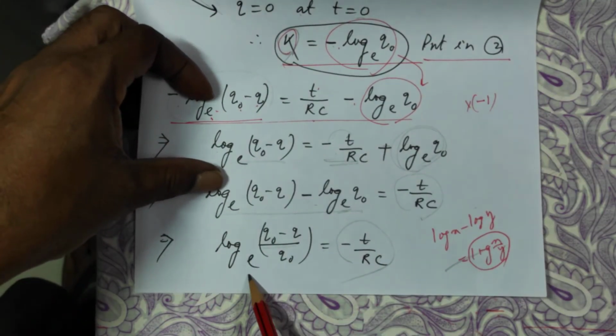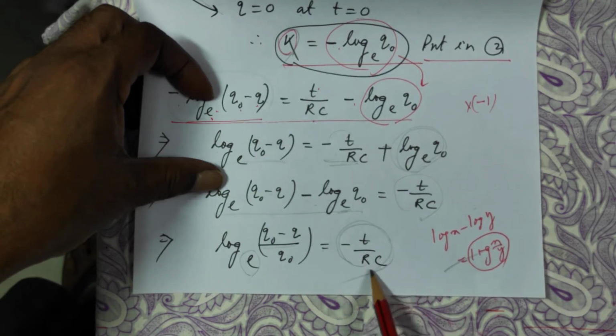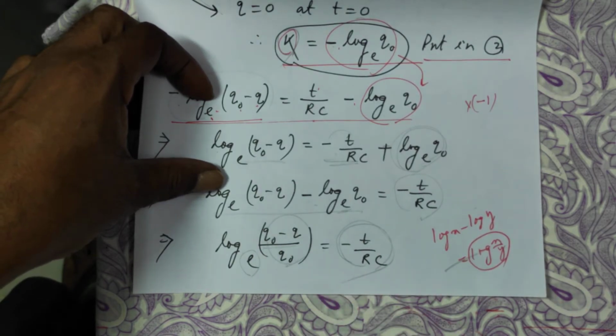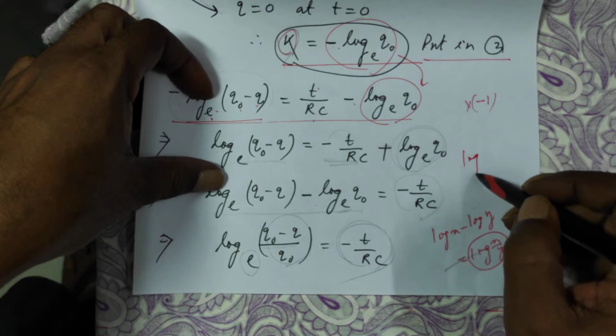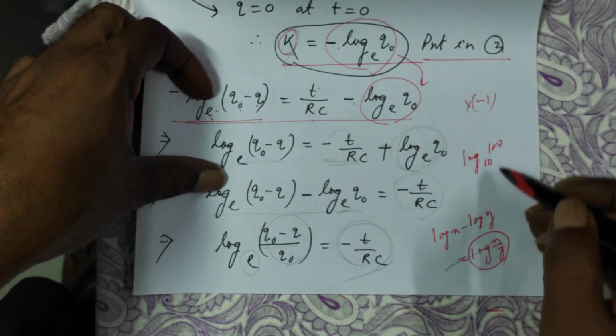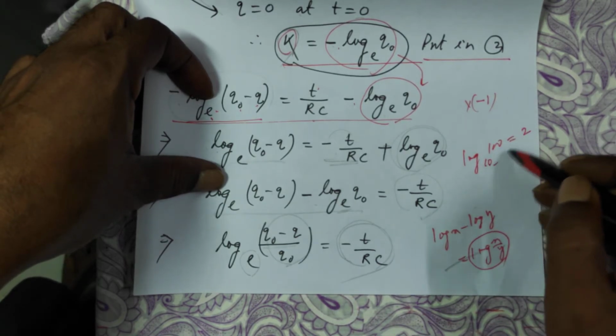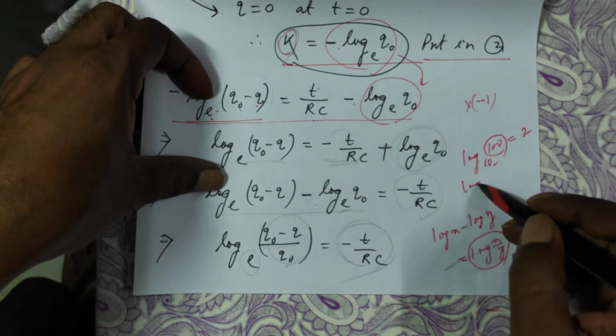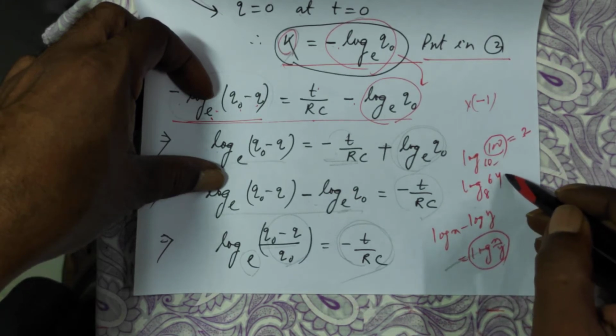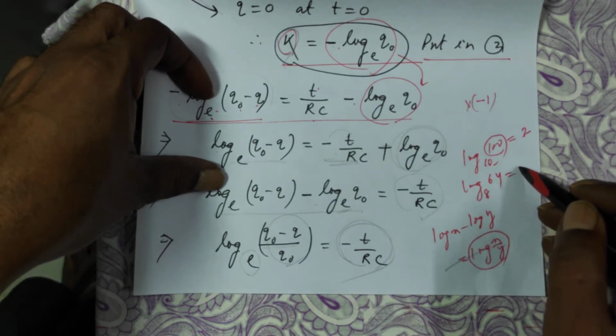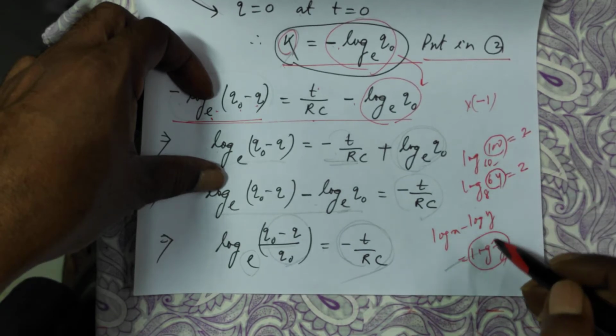It means e when raised to this power will give you this number, which I have explained. Log of 100 with respect to base 10: what is the meaning? 10 to the power 2 is equal to 100. Logarithm of 64 with respect to base 8: 8 to the power 2 is equal to 64.